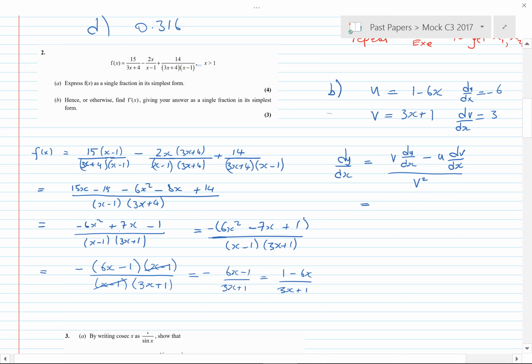So that comes to minus 6 times by 3x plus 1, take away u, which is times by, so it's that times that, so it's 3 times 1 minus 6x, all over 3x plus 1.